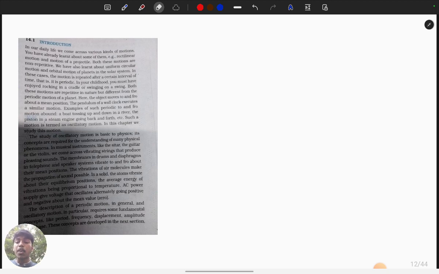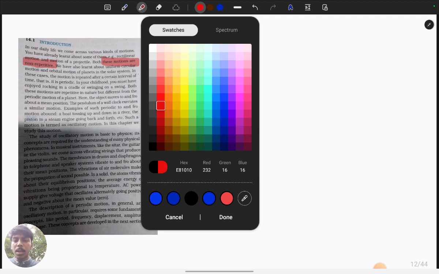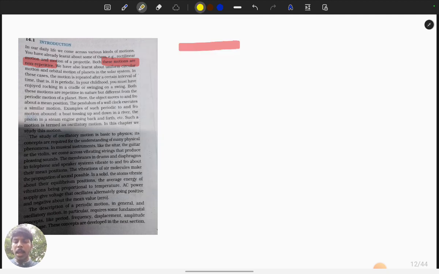So what is rectilinear motion? Rectilinear means linear motion. So here both these motions are non-repetitive. So the points which I am highlighting here, please try to highlight in your NCERT also. Okay, just wait, I am changing my highlighter color.